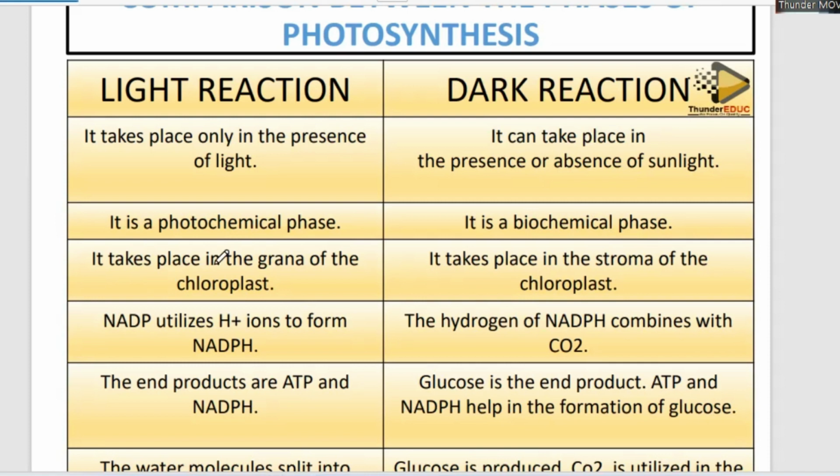The light phase takes place in the granum. Granum, remember, is the combination of different thylakoids which form this sac. And the dark phase takes place in the stroma. The stroma is the fluid of the chloroplast. That's where the reaction of the dark phase takes place. NADP utilizes hydrogen ion to form NADPH. Then the NADPH will combine with carbon dioxide to form glucose in the presence of ATP.